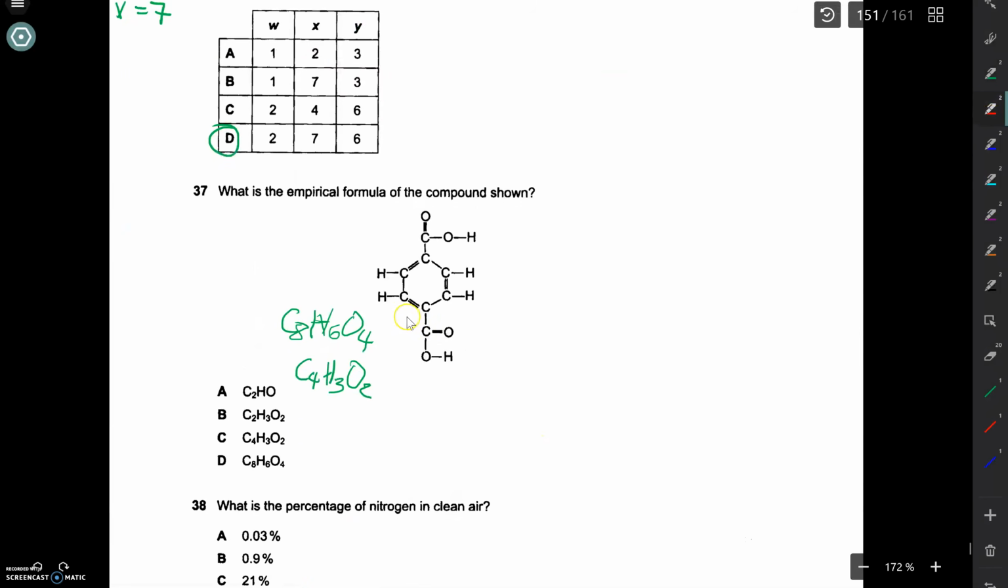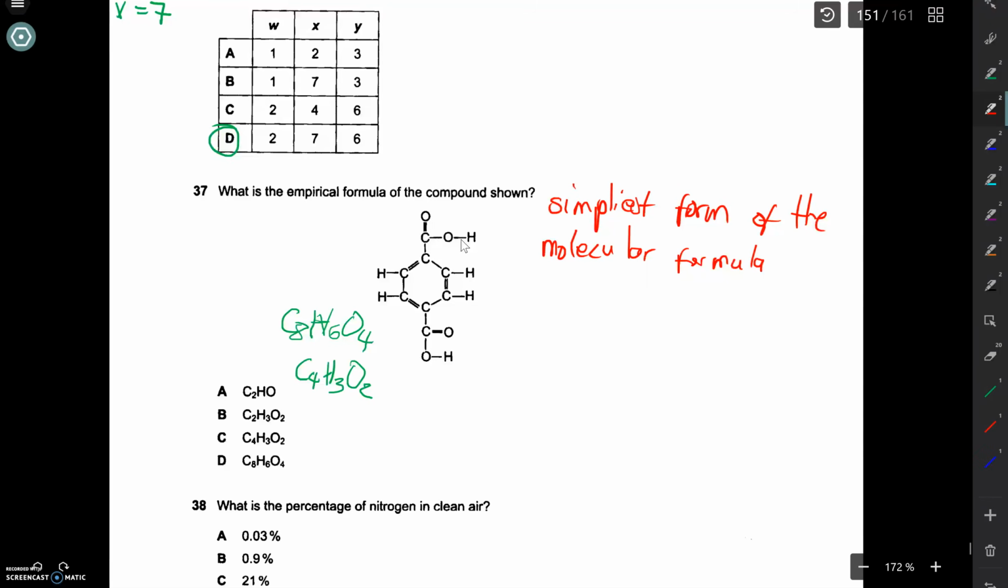Question 37 says, what is the empirical formula of the compound shown? Empirical formula is the simplest form of the molecular formula, right?